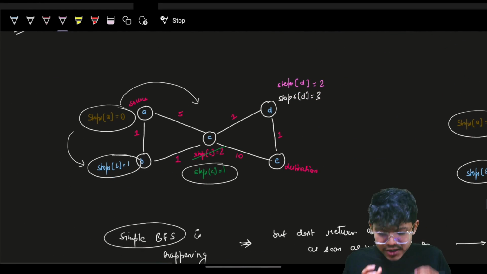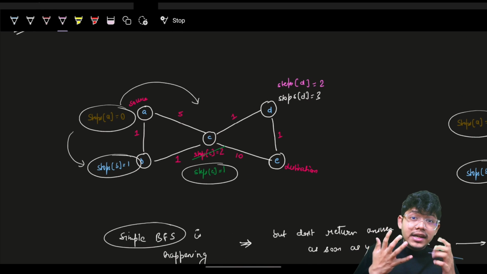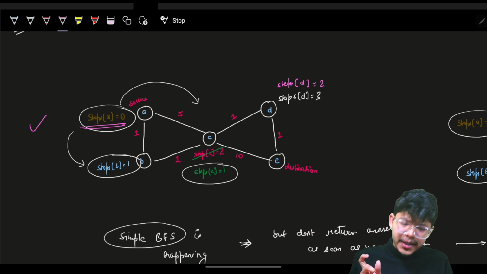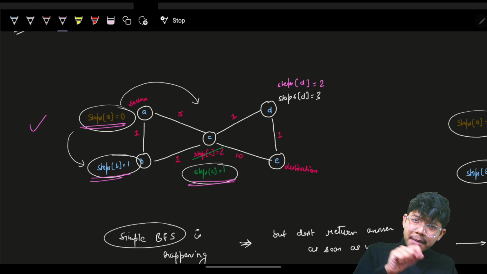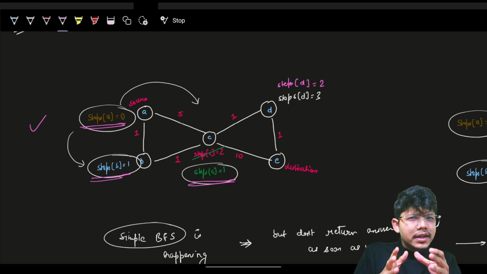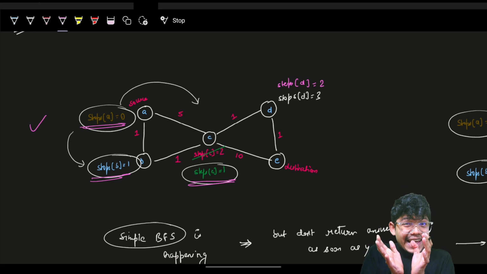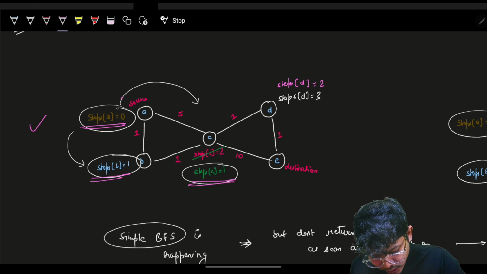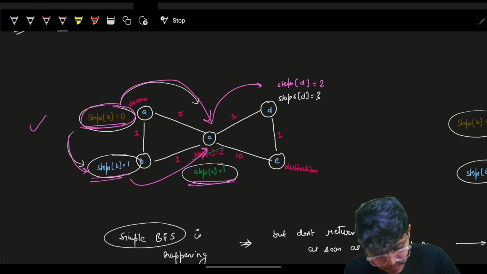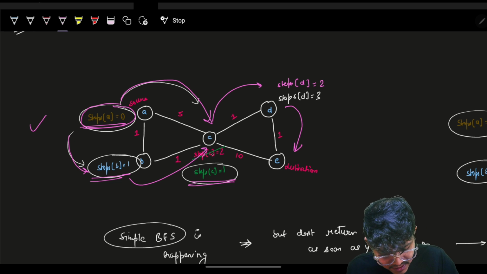How? Let's see. If we look back at what happened while we were trying Dijkstra's, we had steps as 0 for A, steps for B as 1, then steps of C again came as 1. Then you saw it got overridden. Why? Because in future steps, for step 0, step 1 will be this, step 1 will be this, step 2 will be this, step 2 will be this, step 3 will be this, step 3 will be this.